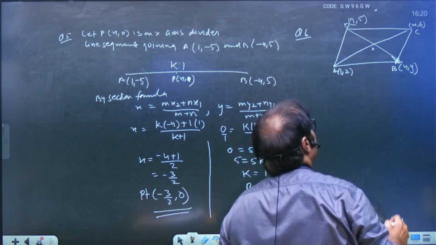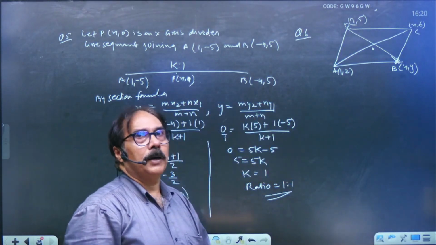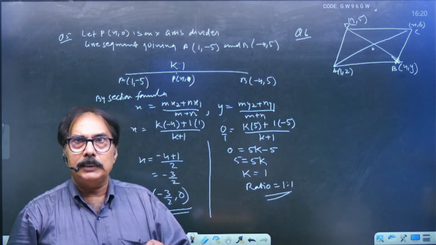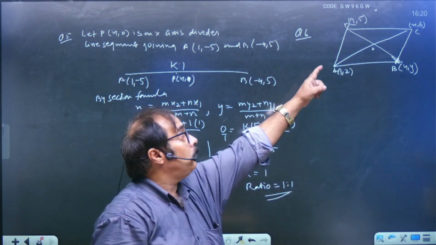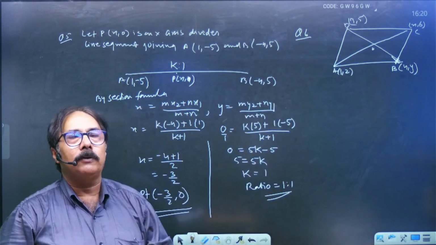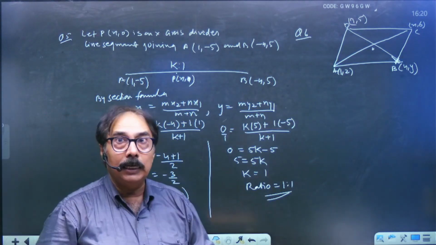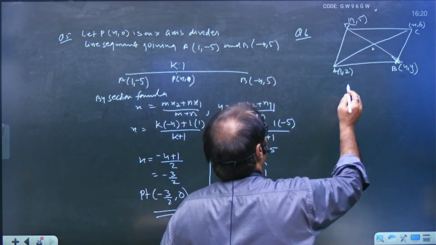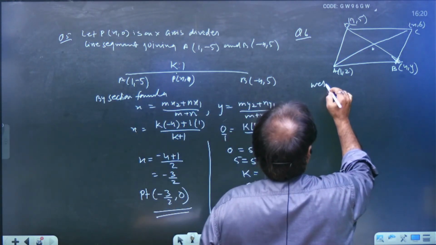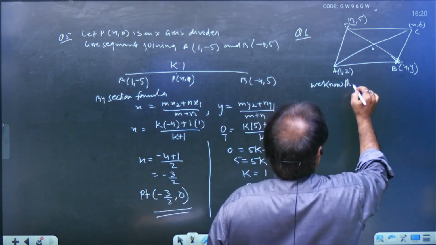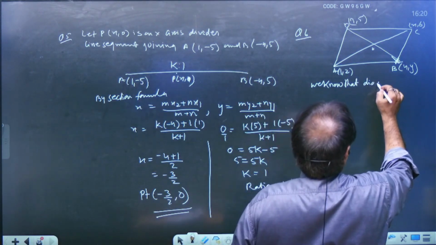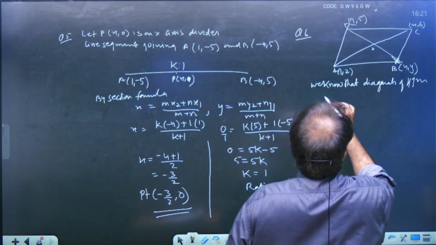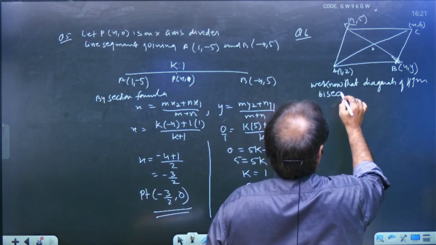As we know, the diagonals of a parallelogram bisect each other. It means that O is the common midpoint of diagonal AC as well as diagonal BD, right? So here we will write the reason first: we know that diagonals of a parallelogram bisect each other.